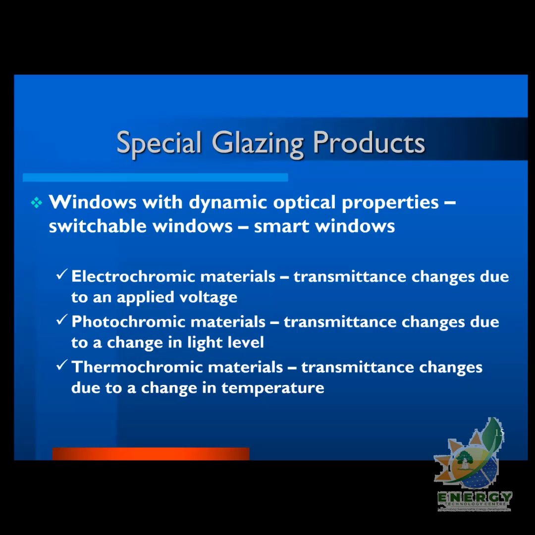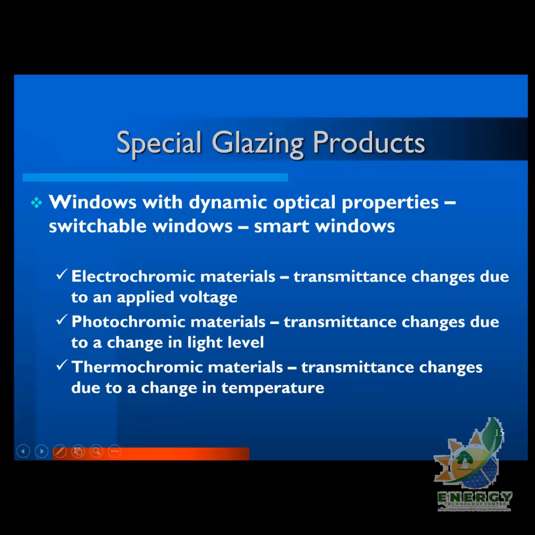So you have a voltage of up to 5 volts, and it's therefore possible for the transmittance of light to change. Now, photochromic material transmittance will change due to change in light levels, and then the last one, thermochromic material, transmittance changes due to the change in temperature.